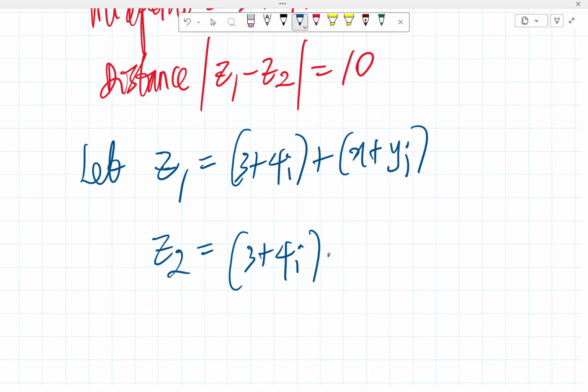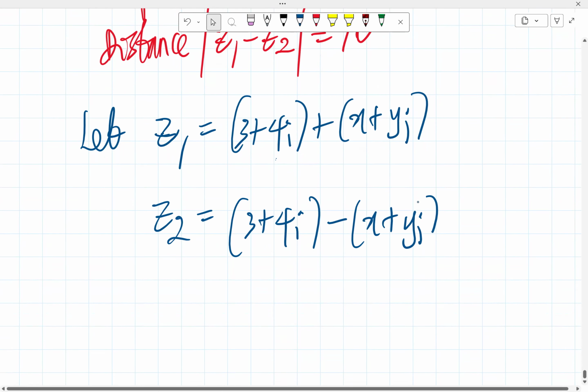So plus for one, minus for the other. That makes sense because this is actually the midpoint between the two of them.